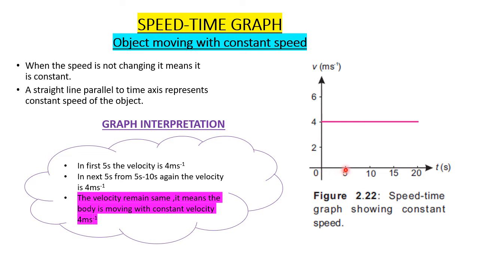After 5 seconds, you see the velocity or speed of the body is 4 meters per second, and in the next 5 seconds when you observe, it's still 4 meters per second, and throughout the 20 seconds the speed of the body is 4 meters per second. So from this graph we can easily analyze that the velocity or speed of the body is constant.